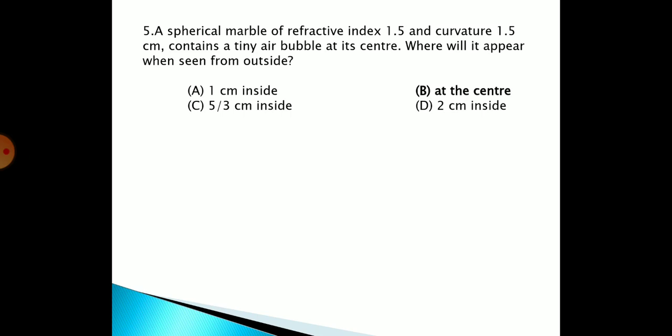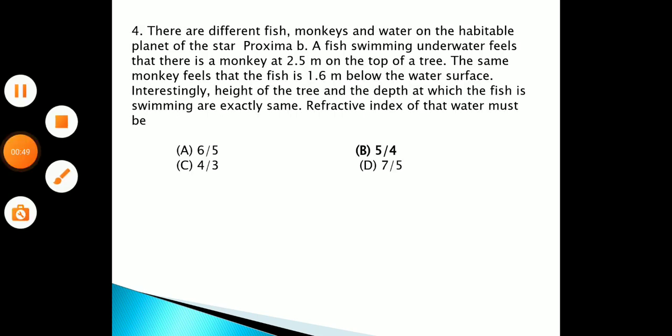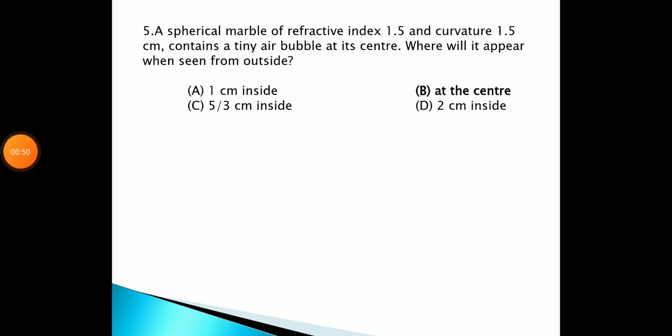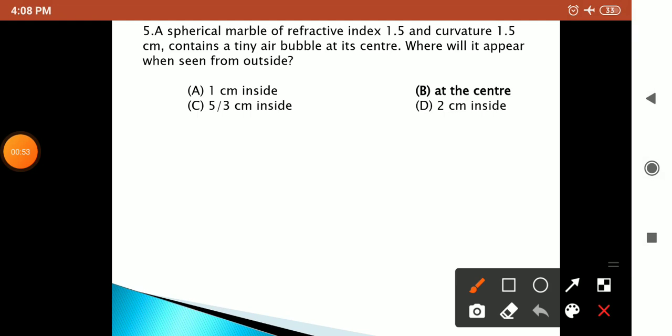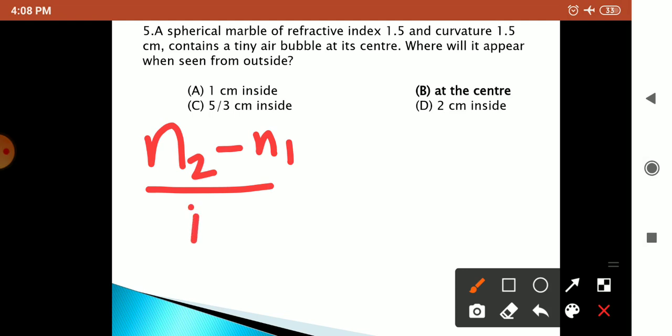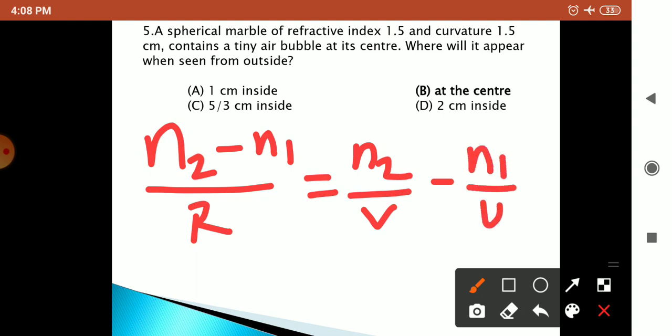Now for this we have one formula, that is n2 minus n1 upon r equal to n2 upon v minus n1 upon u.